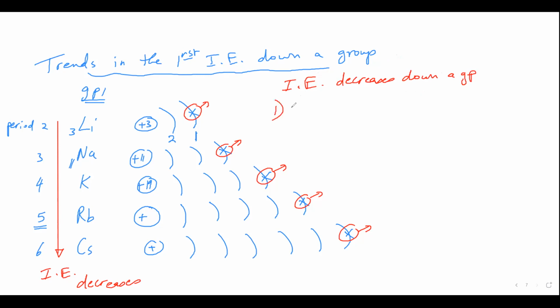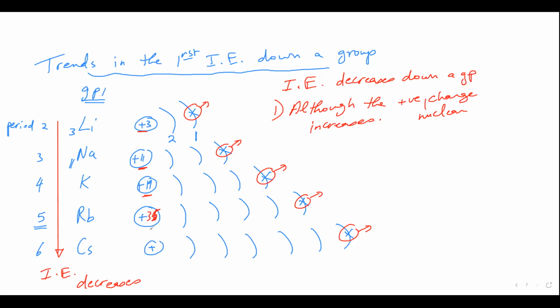So the first thing you say is that although the positive nuclear charge increases. What do we mean by the positive nuclear charge? It means the number of protons inside the nucleus. As we go down, this is maybe 35 or 36, something like that.